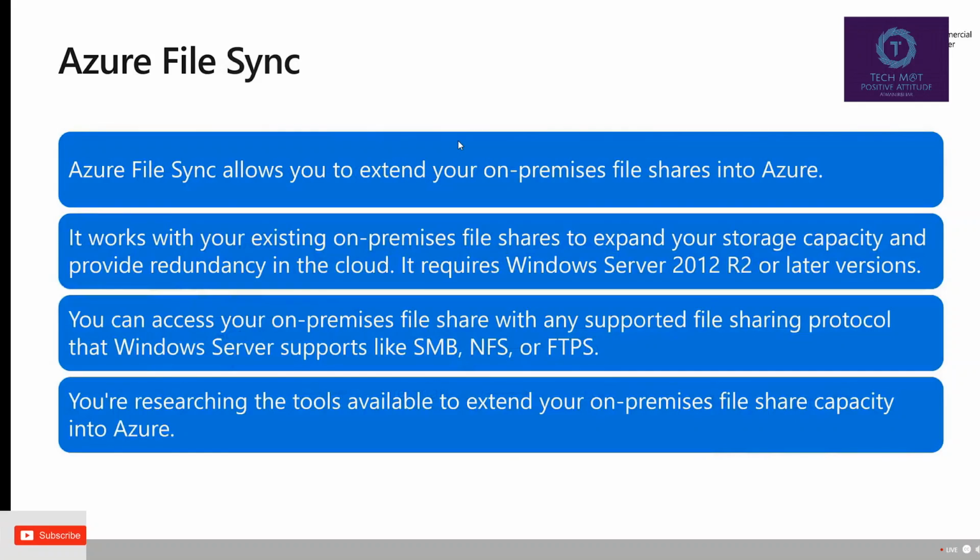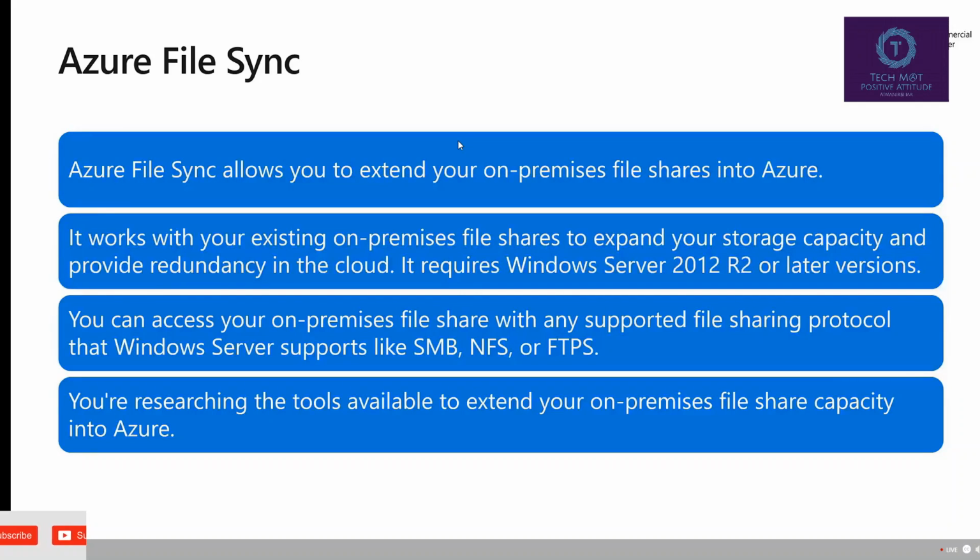Then we also have another service that connects with the Azure file share, which is called Azure File Sync. Azure File Sync basically will extend your on-premises file shares into Azure. This is composed of a service in Azure.